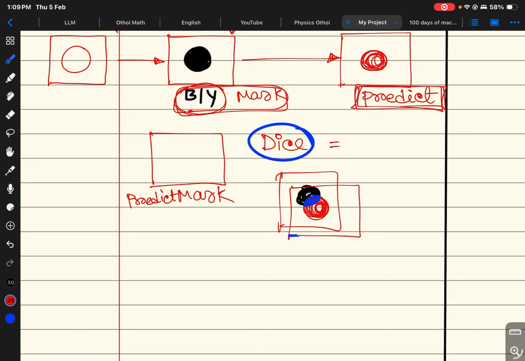Some portions are cut here. So the original mask lost some of its actual answers, and the actual answer is varied a bit. So we need to find the dice loss.